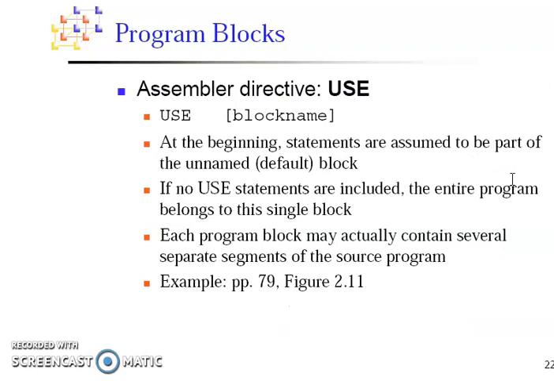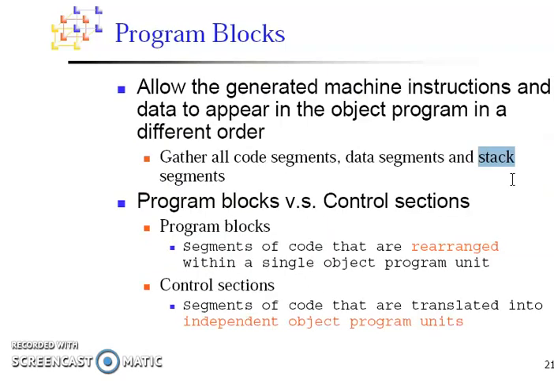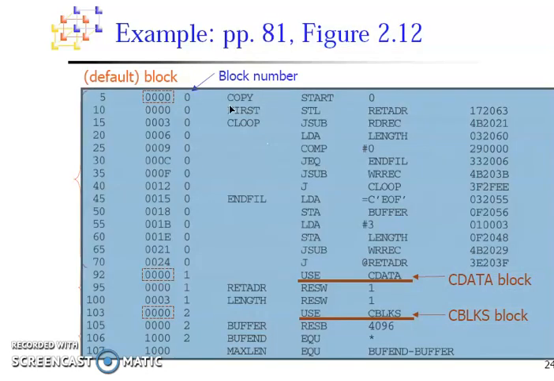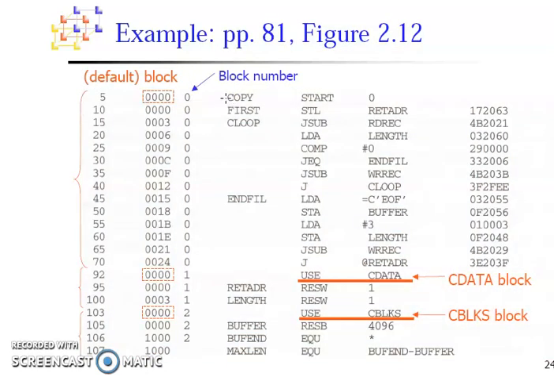For example, here you can see this example. The main program will be treated as the default block, and this copy first, C loop and file till here will be treated as the default block.